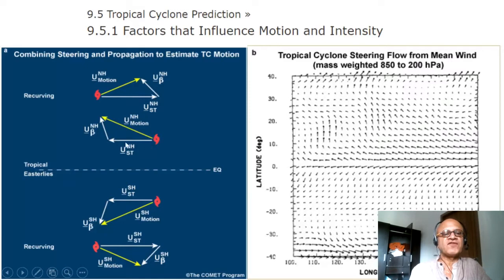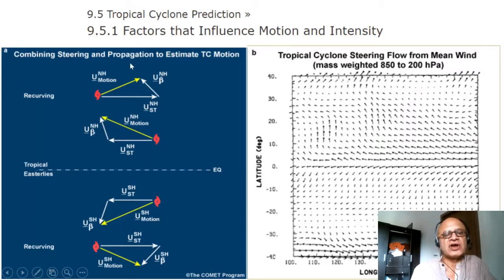If you have a cyclone that's just formed in the tropics, it's in the steering wind of the northern hemisphere, and the beta gyre steering is going to be to the northwest. So the total wind steering the cyclone is going to be towards the northwest in this direction.